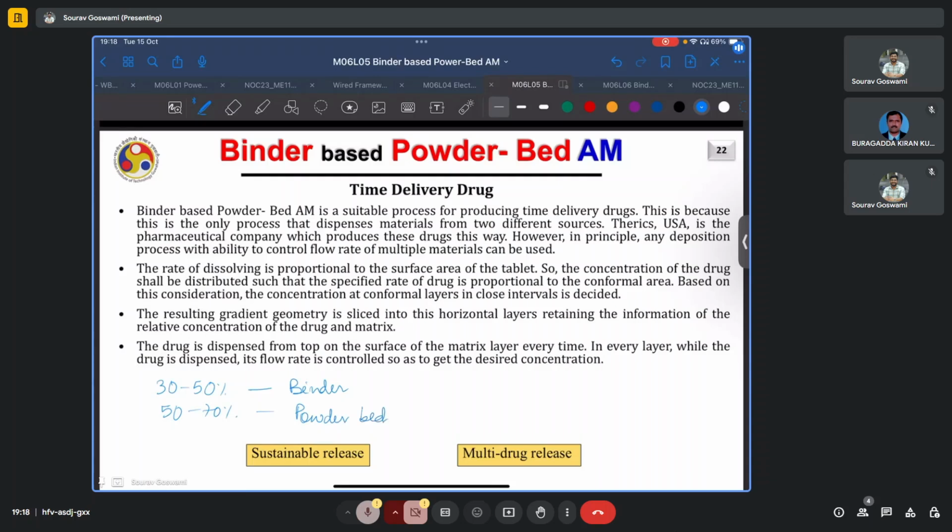So inherently, there is a very strong capability for producing multi-material objects. Therics USA is the pharmaceutical company which produces these drugs this way. However, in principle, any deposition process with the ability to control flow rate of multiple materials can be used, such as powdered ED. The rate of dissolving is proportional to the surface area of the tablet.